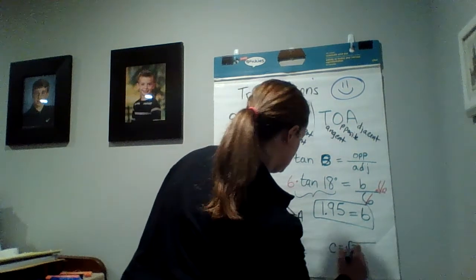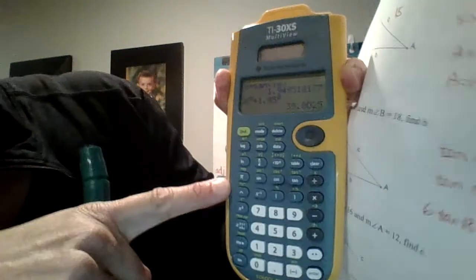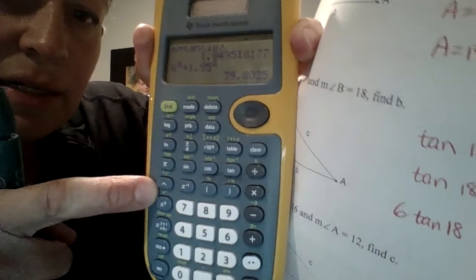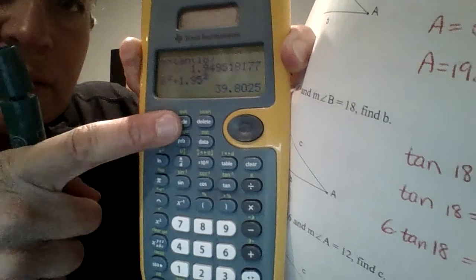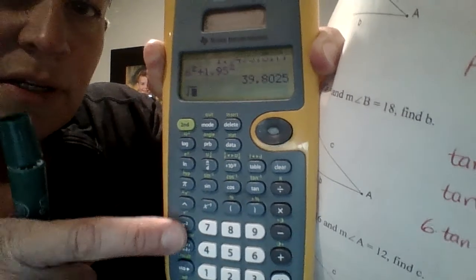Square root of 39.8. And on the calculator, I'll show you what I have to do for square root. See how above the x squared, there's a little square root button? So in order to get that, I have to press second and then square root.